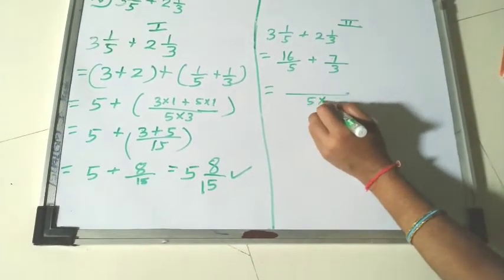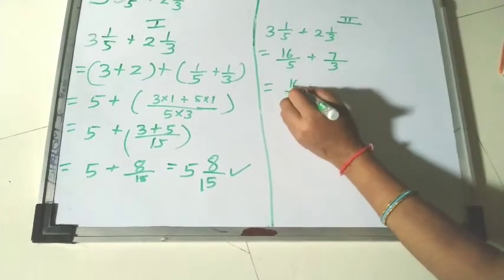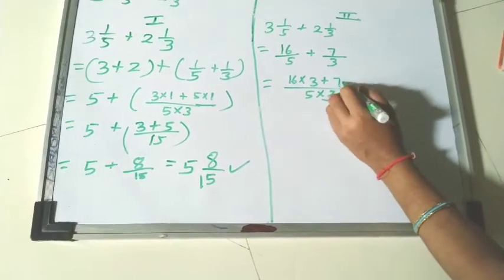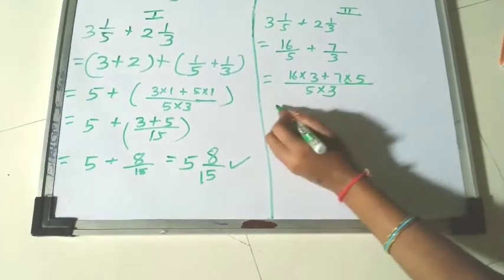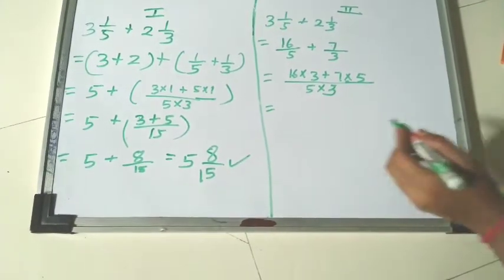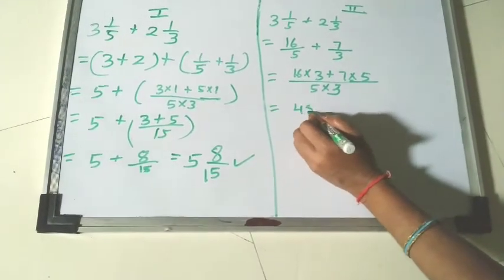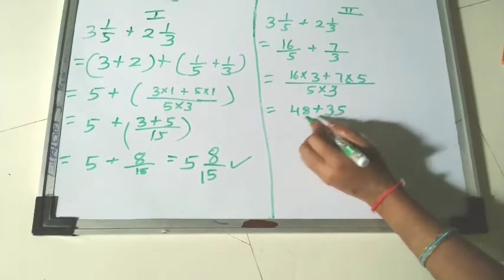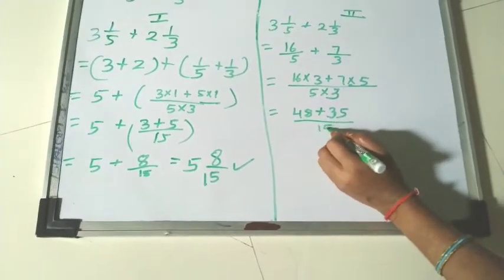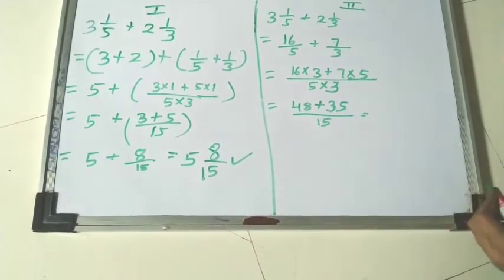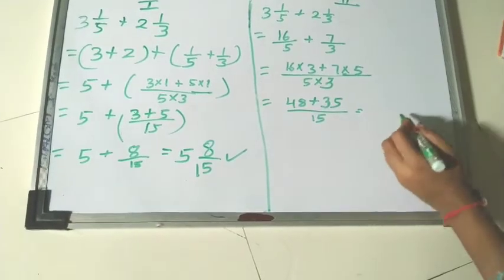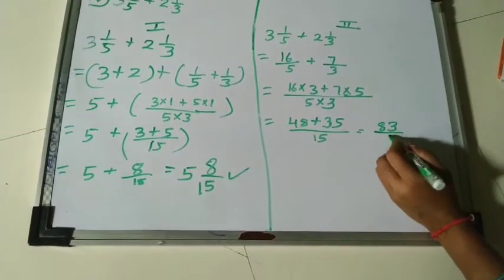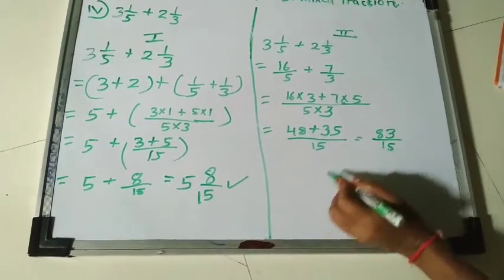Take the LCM, 5 into 3, 16 into 3 plus 7 into 5. 16 3s are 48 plus 7 5s are 35. 5 3s are 15. 48 plus 35, how much? Tell me. 83 by 15.